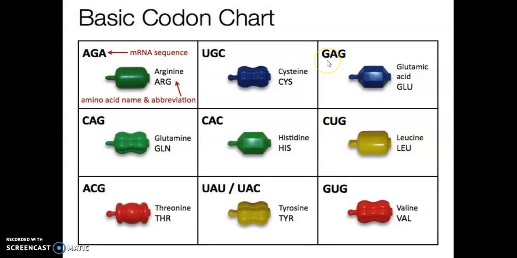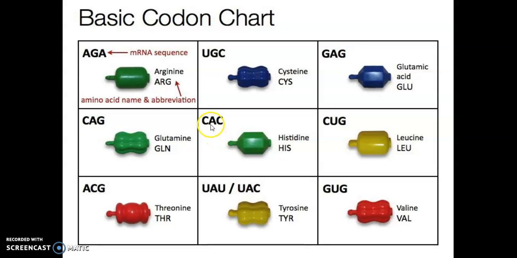If the RNA sequence is GAG, then that would cause the ribosomes to create an amino acid called glutamic acid, or GLU. If it has CAG, then the ribosomes are going to make glutamine, or GLN.